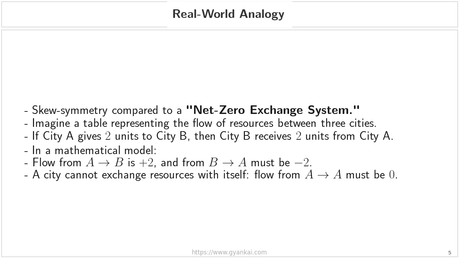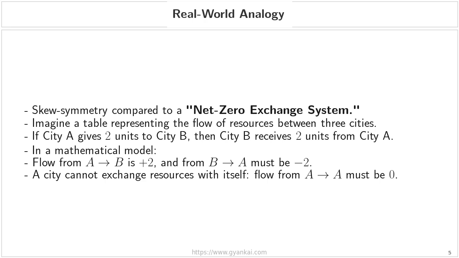In a mathematical model, we would represent the flow from City A to City B as +2. Consequently, the reverse flow, from City B back to City A, must be represented as -2. This is exactly what we saw in our previous slides where the element at row i, column j, is the negative of the element at row j, column i. Furthermore, it is logically impossible for a city to exchange resources with itself.